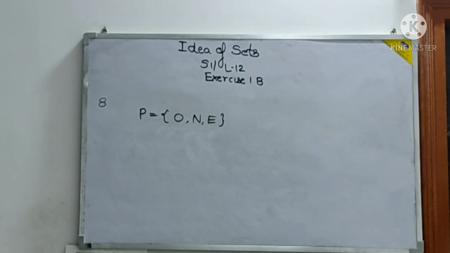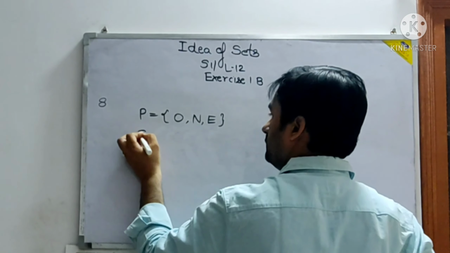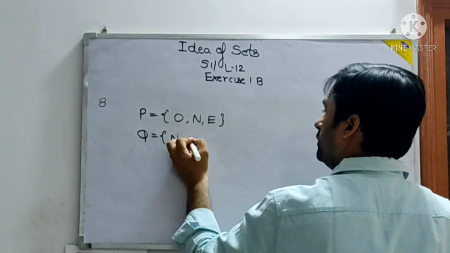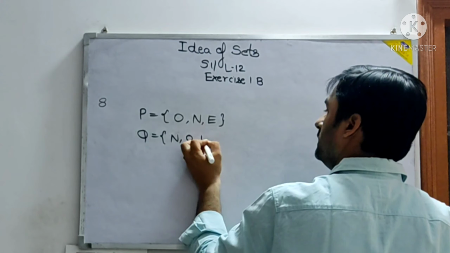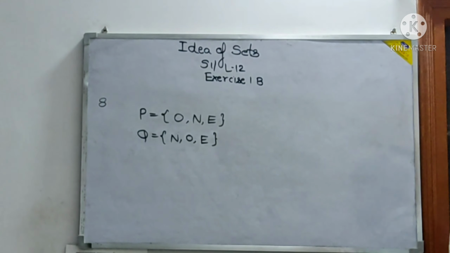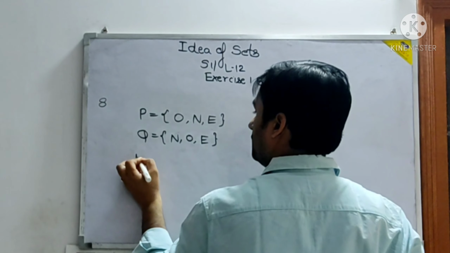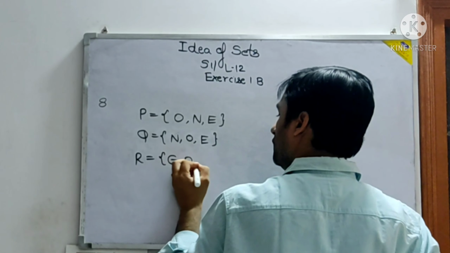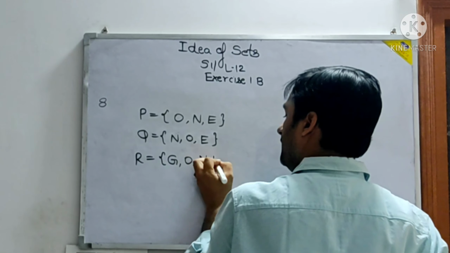Q equal to letters of the word none. Letters are repeated, so one time only: {N, O, E}. Then what else is it saying? R equal to letters of the word gone: {G, O, N, E}.